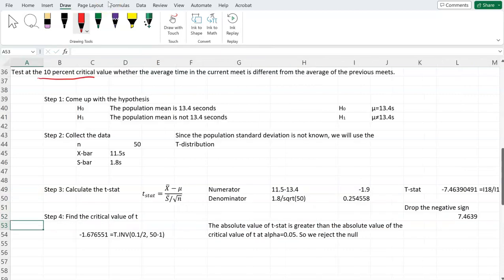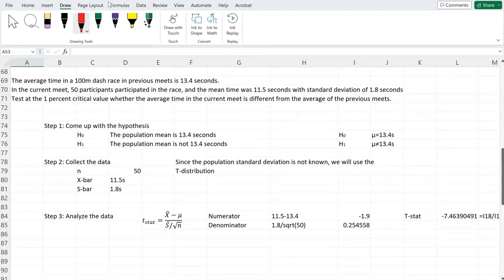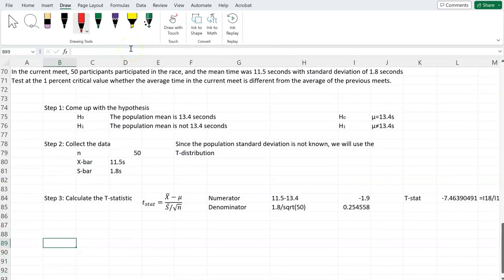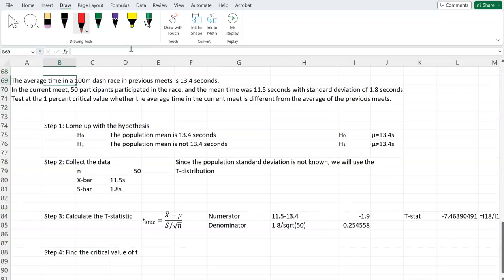Then the next example is basically the same question, but now let's say I want to test it at 1%. So everything else remains the same. Instead of analyzing the data, I will calculate the t-stat. And then in step 4, everything else is the same, but I'm now testing it at the 1% critical value.